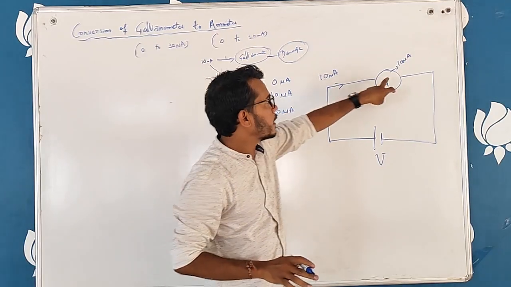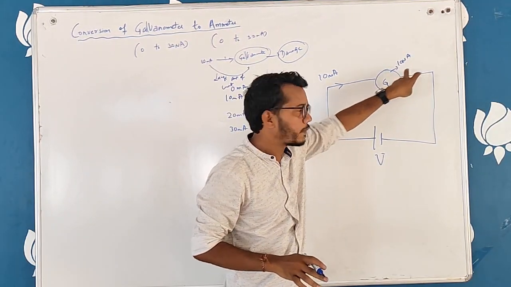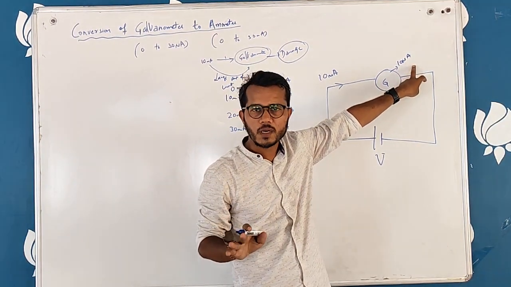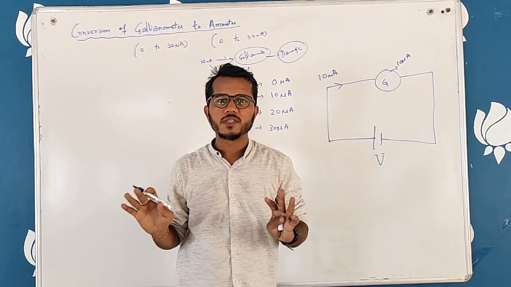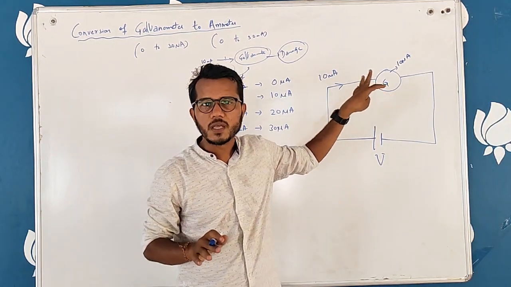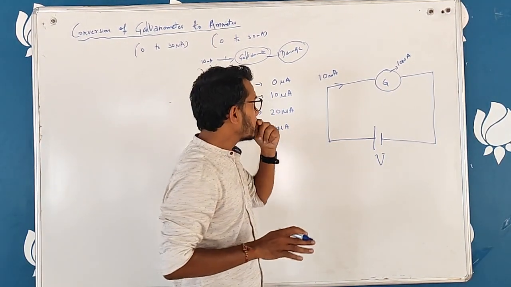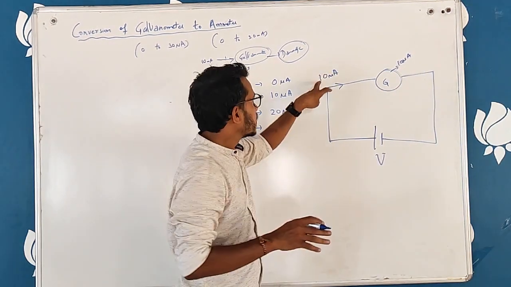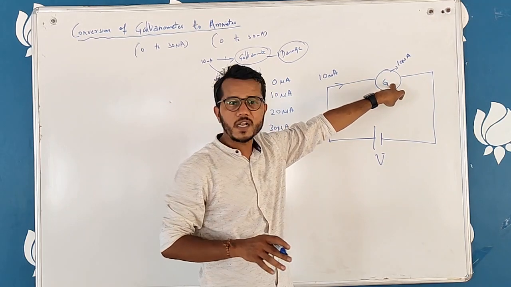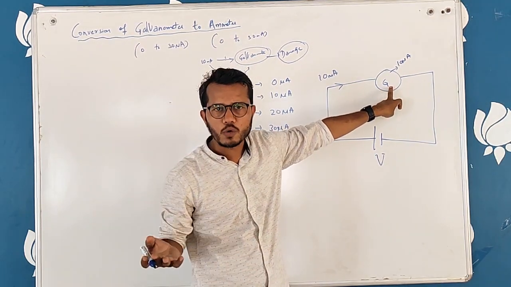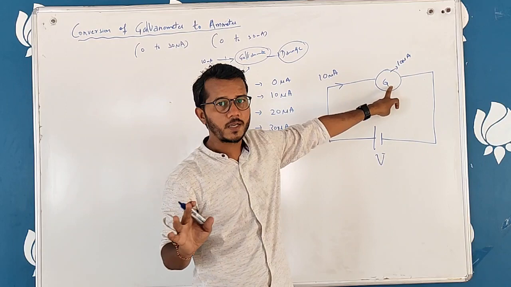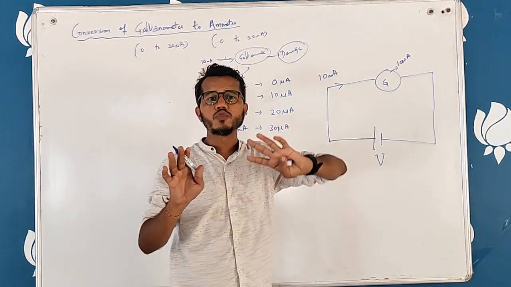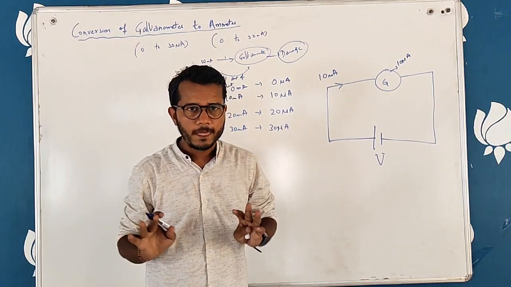For 20 milliampere, only 20 microampere has to be supplied, and for 30 milliampere, only 30 microampere. Then only there will be no damage to the galvanometer and I can measure the current. To reduce the current from 10 milliampere to 10 microampere, we need a lower current from a higher current, so obviously we can use a resistor. Before the galvanometer, I use a resistor.